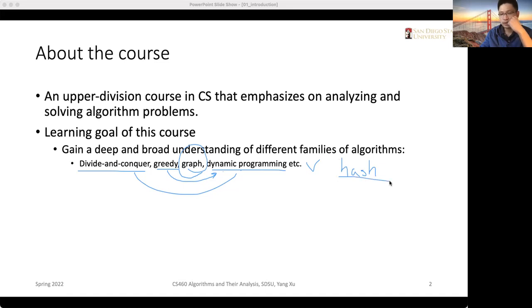Okay, so this hash table data structure together with the hash functions, this topic relates to one of the most popular areas in computer science, which is cryptography. Okay, which is the fundamental basis for the very hot crypto business area, right?